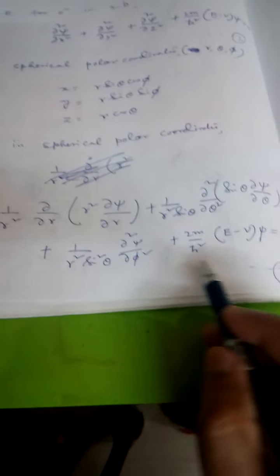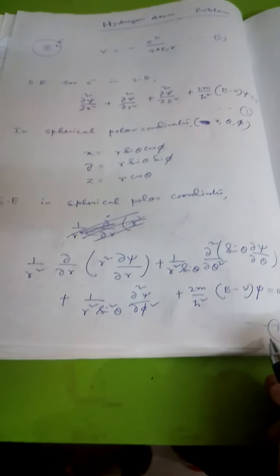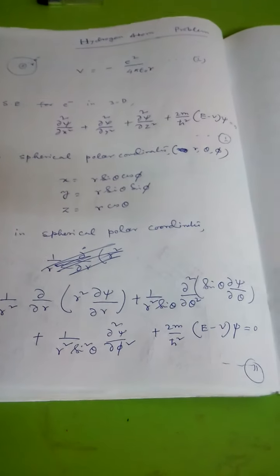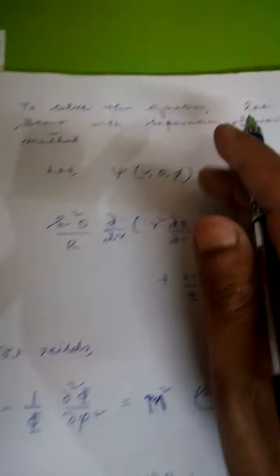Okay. Now our next aim is to solve this equation. This is equation 2, which expresses the Schrodinger equation in terms of the r, theta, phi coordinate system. To solve this equation, let us start with the separation of variable method.